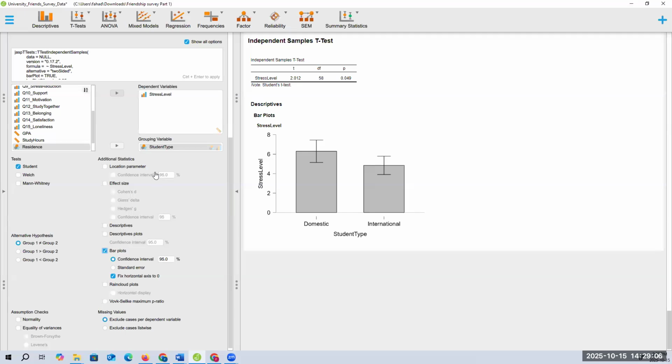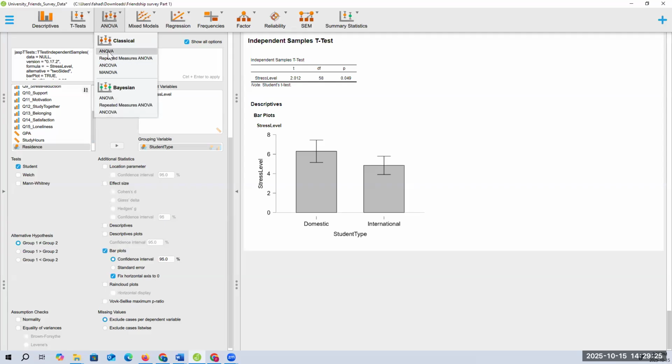Now, maybe I could switch this to ANOVA, looking at student type and another factor. So let's try doing that again.